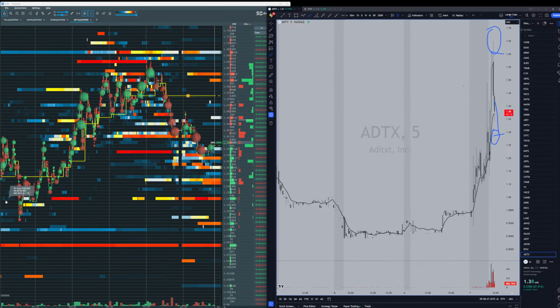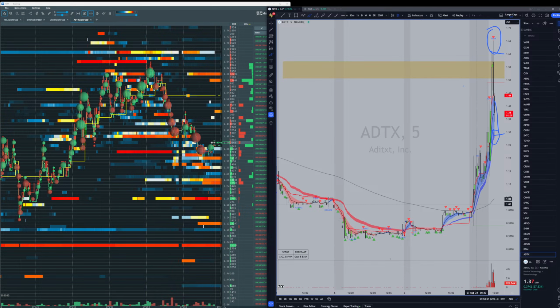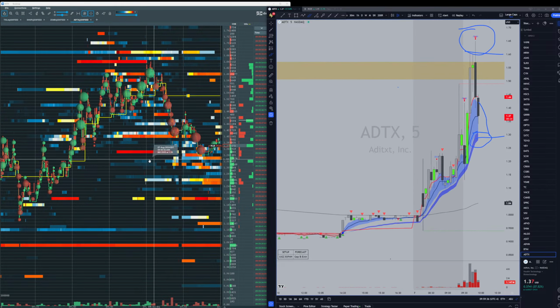ADTX. $137, still needs to fade a little bit more.